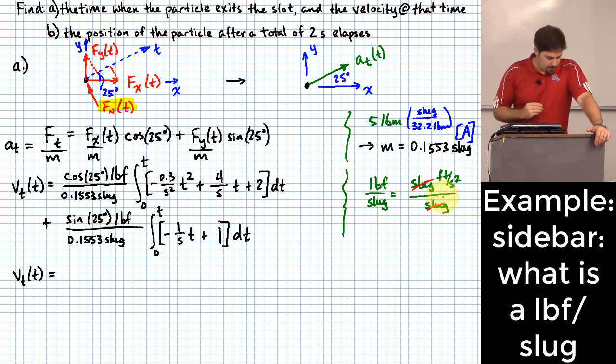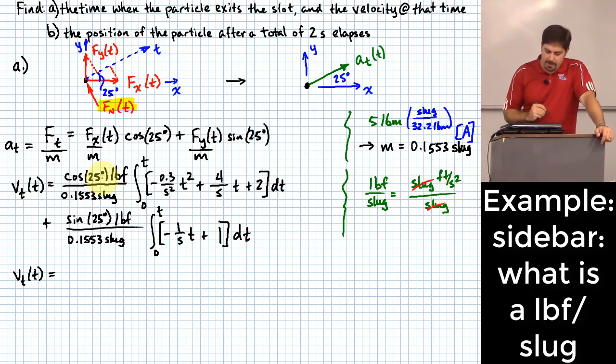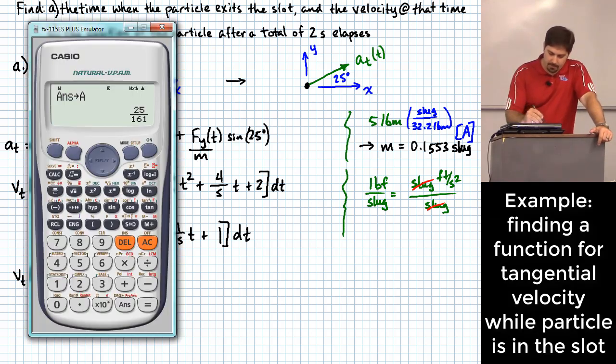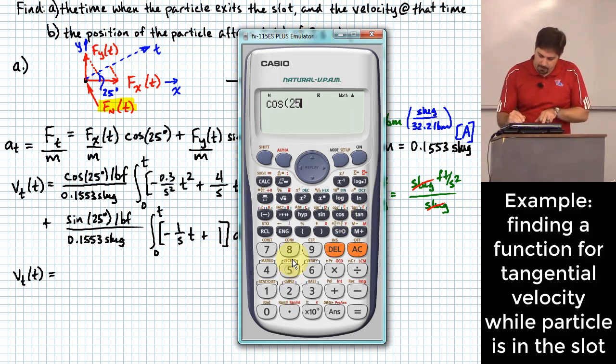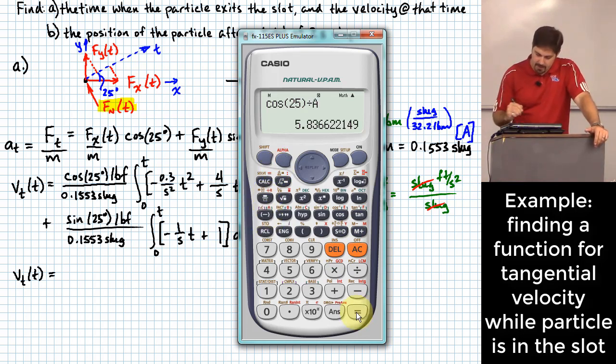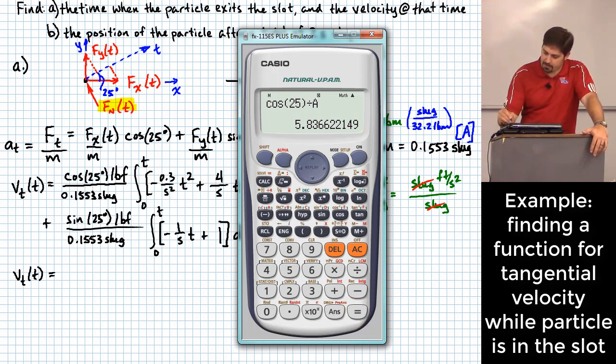Okay? So one of the things, first of all, cosine of 25 degrees is just a constant. And so I'm going to combine that constant with the number of slugs I have in the denominator, and I end up with just cosine of 25 divided by what I had stored in A. What that gives me is a constant that I can put out in front of the first integral, and I can express that in terms of foot per second squared.